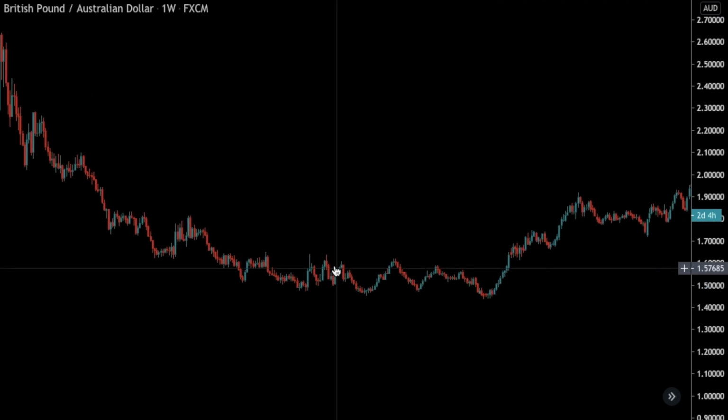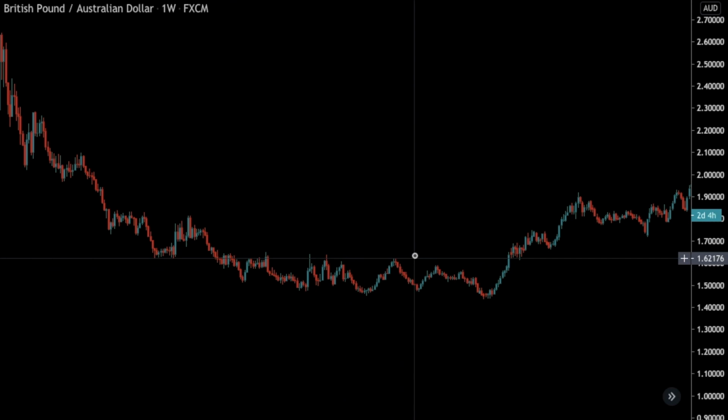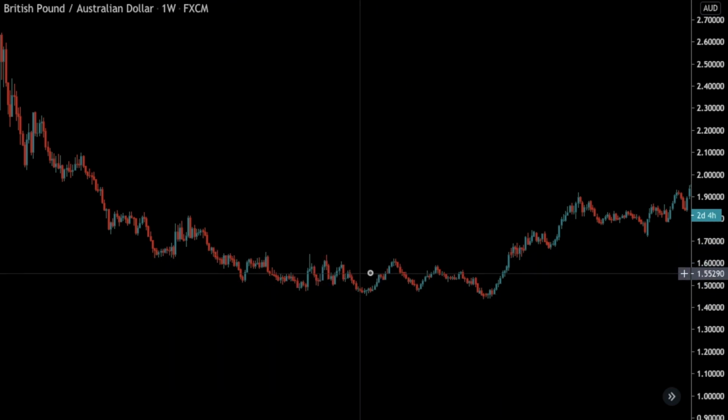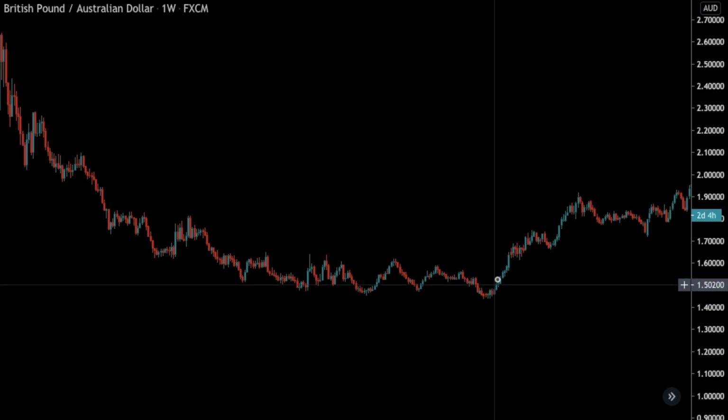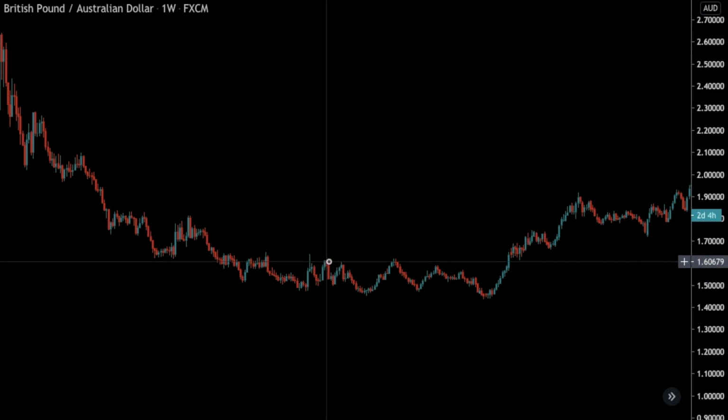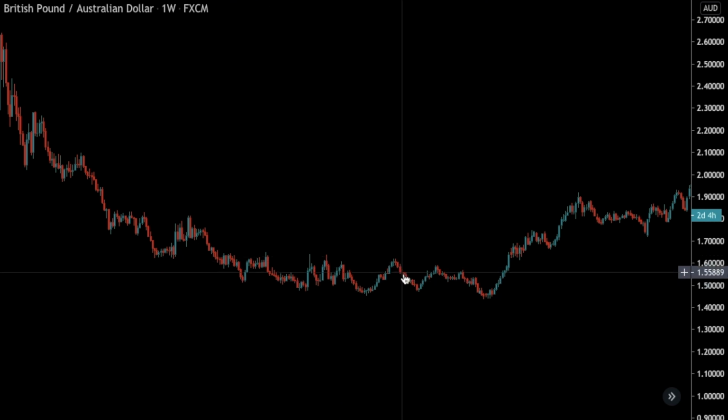So this is the first sign that price momentum to the downside is slowing. Once it forms the first higher high, now the price has broken where the previous highs were getting to.